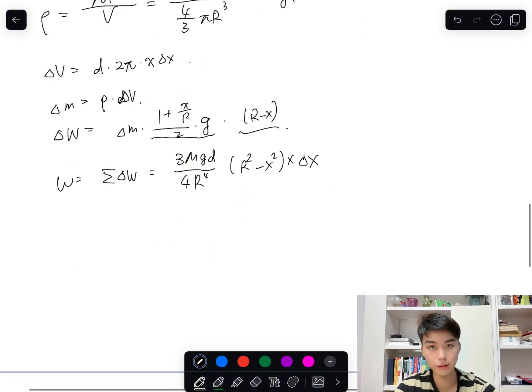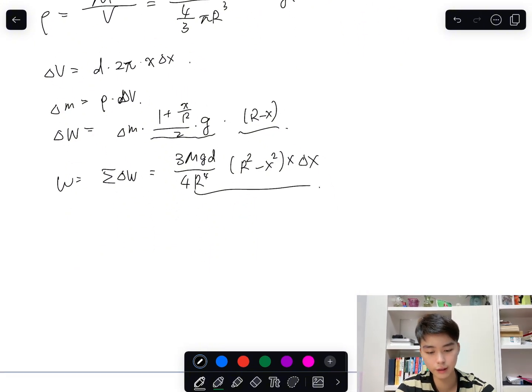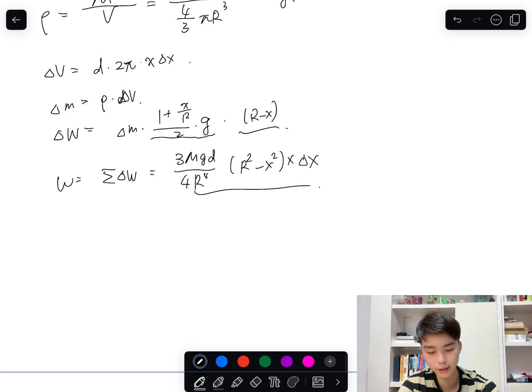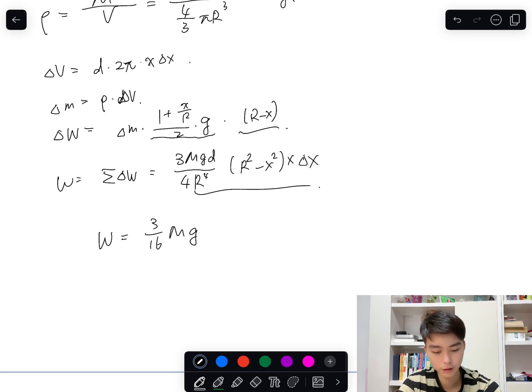And we calculate the right hand side using an integral. We get W equals 3/16 mgd.